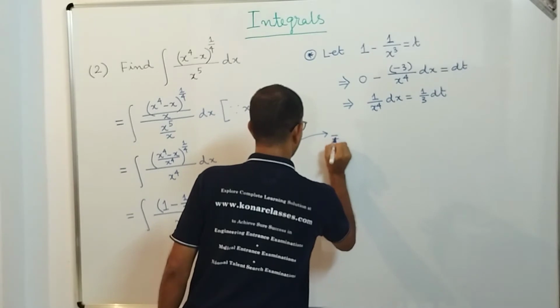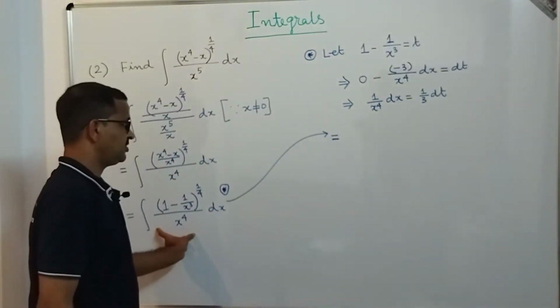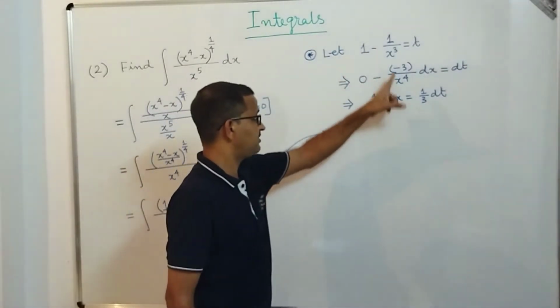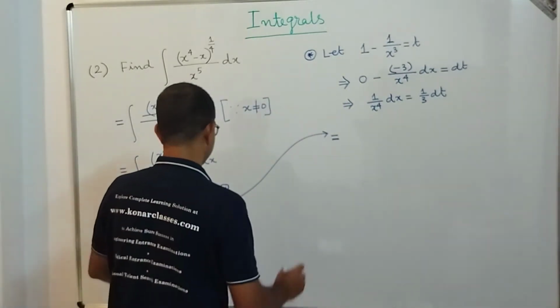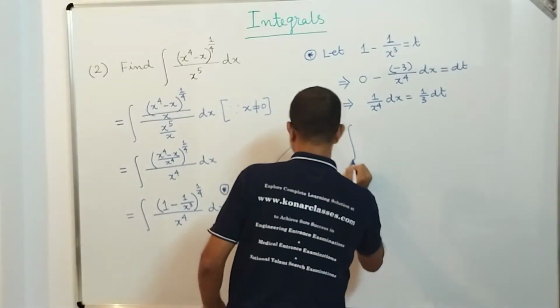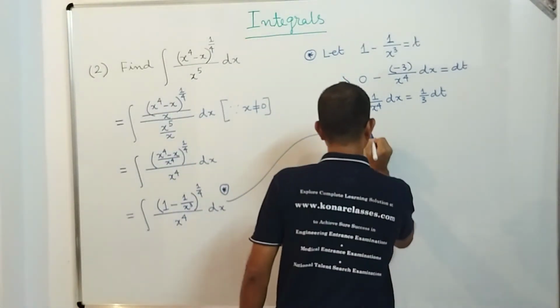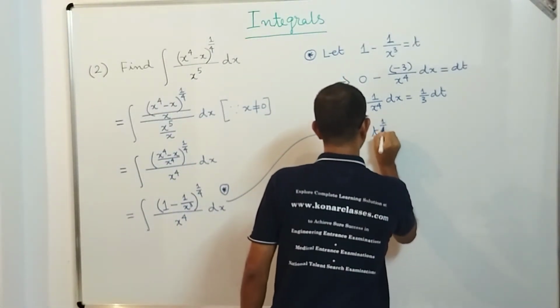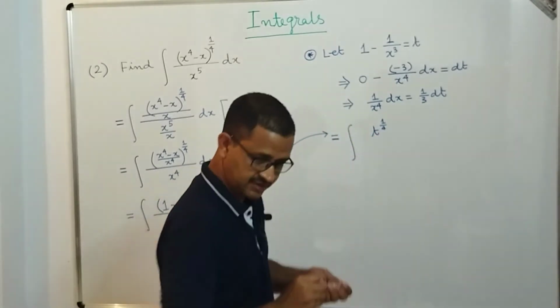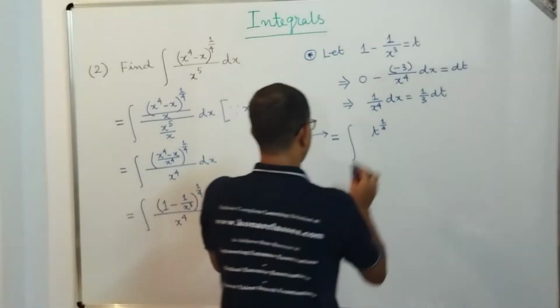By means of this substitution, this is equal to integration of 1 minus 1 by x to the power 3, that is t. So t to the power 1 by 4. Okay, let me write clearly, t to the power 1 by 4.